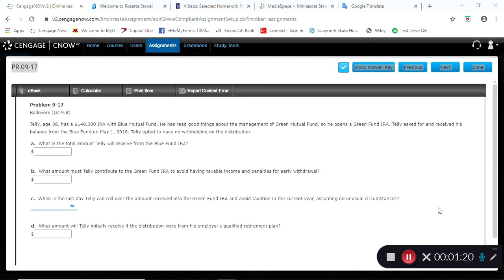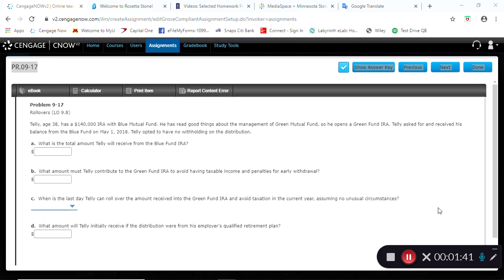So here with this problem, we have Telly, age 37, has a $140,000 IRA. And it's important to note here that this is an IRA because the rules are different whether something is an IRA or an employer's qualified retirement plan.